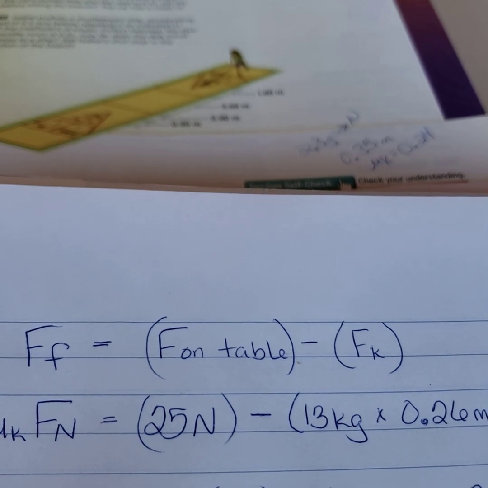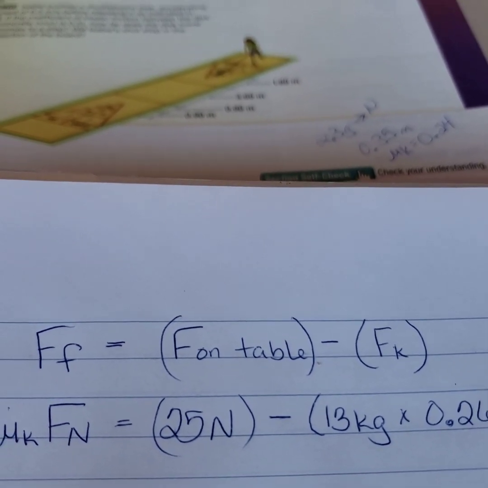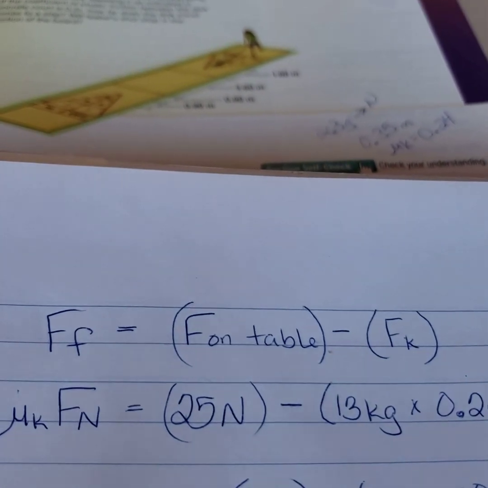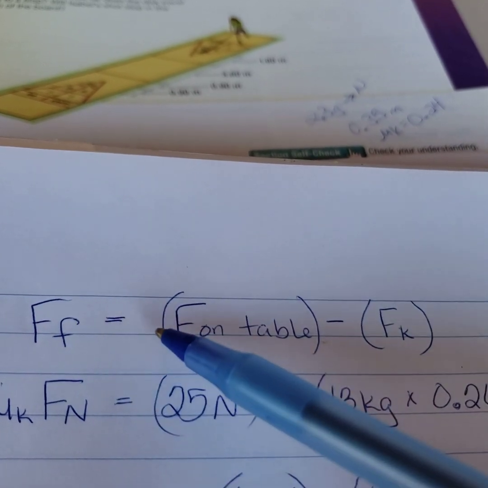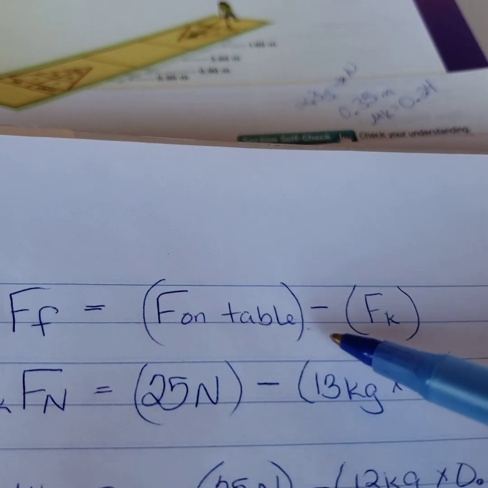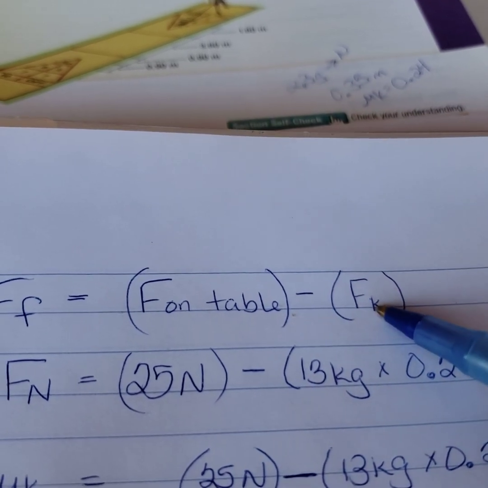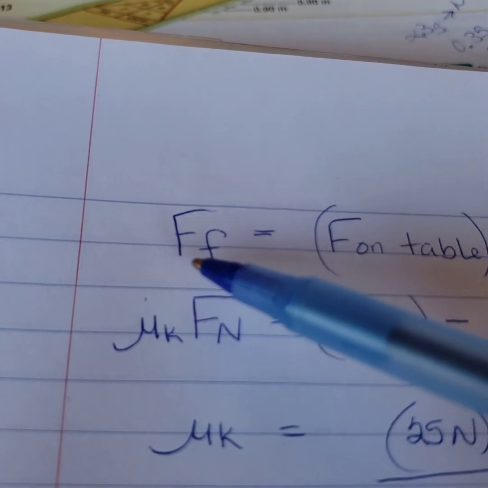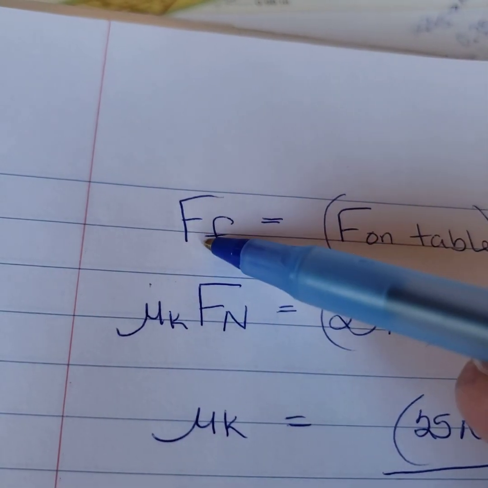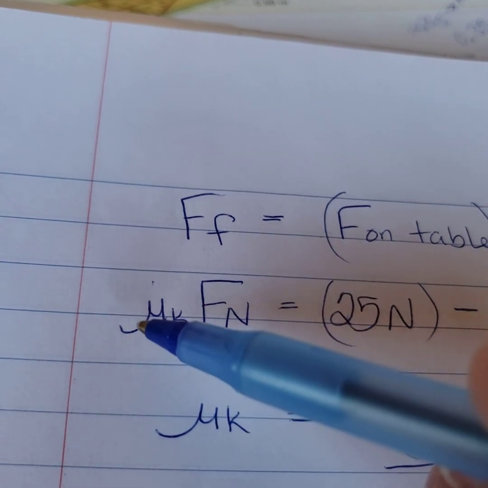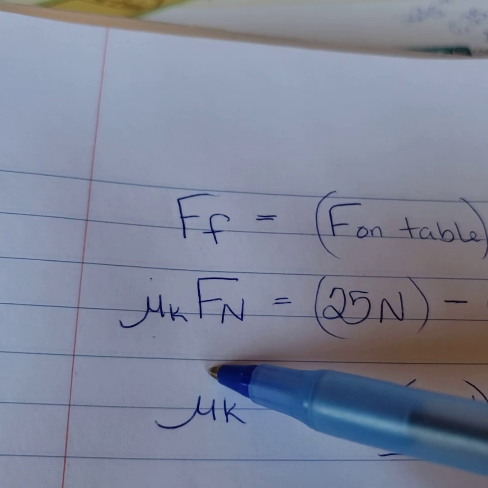Well, the first thing you need to realize is that there are an awful lot of forces going on here. So we're going to break some things down. Because the force of friction, we're going to need the force on the table minus the force with which it's moving. So I'm going to substitute. We know that force of friction, if I wrote it out, is actually the coefficient of kinetic friction times normal force, right?